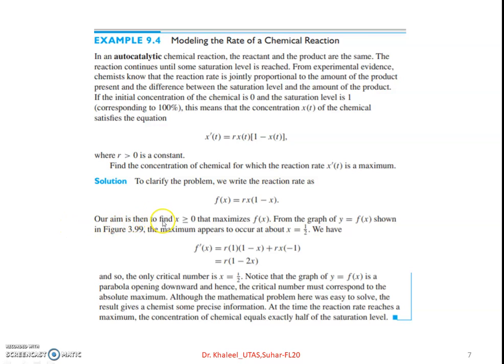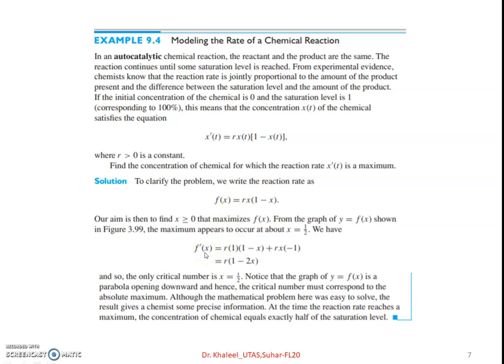You are asked to find x greater than or equal to 0, because the chemical reaction has to take place, that maximizes f(x). To find the maximum, we need to find the derivative and find the critical numbers.